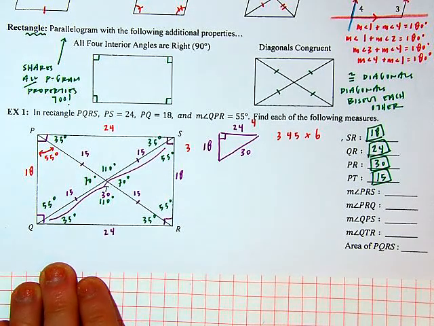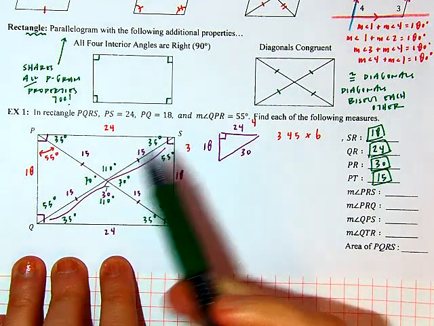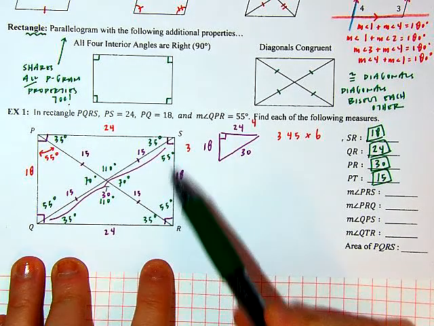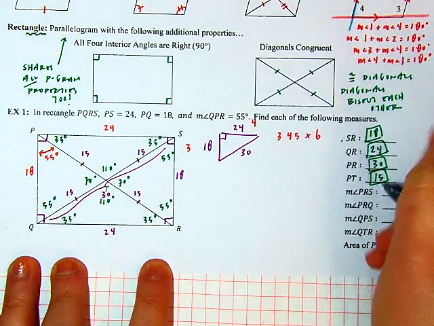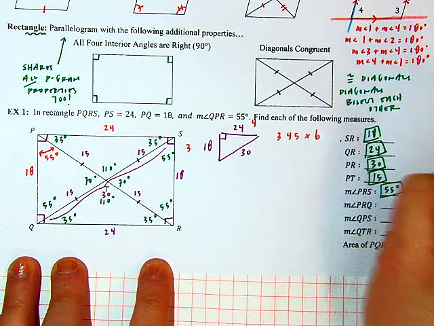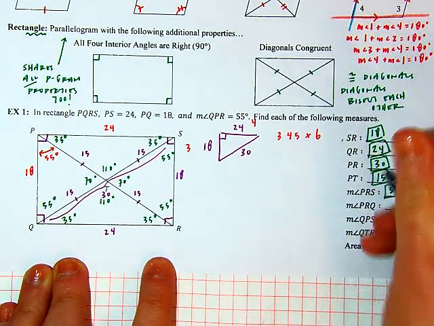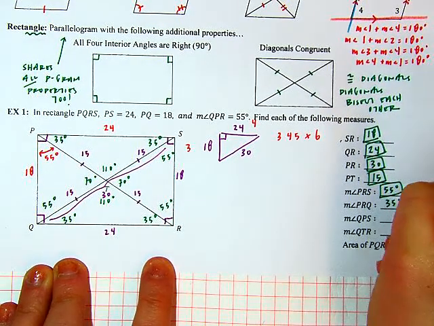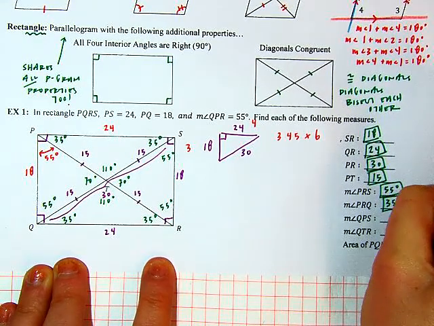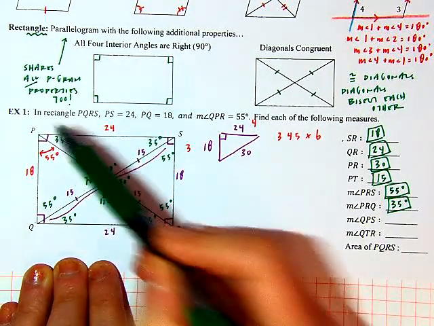Okay, angles, so I need PRS. So let's see, PRS right there is 55. PRQ here is 35. QPS right there is just 90.